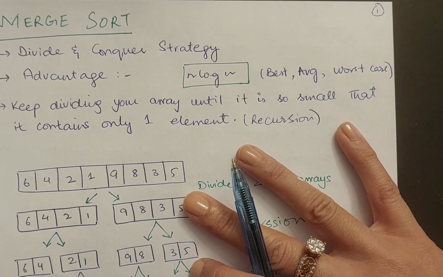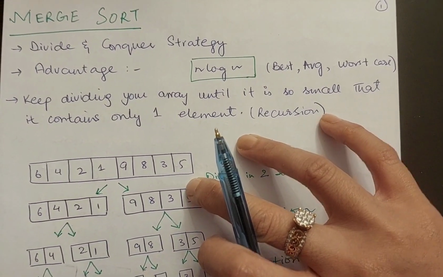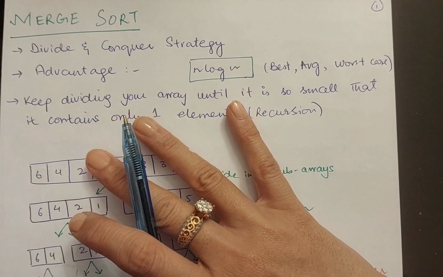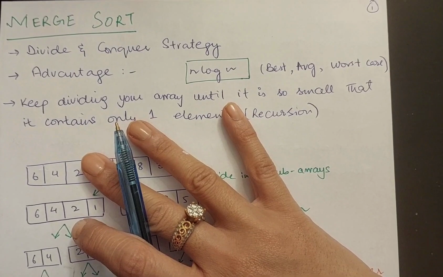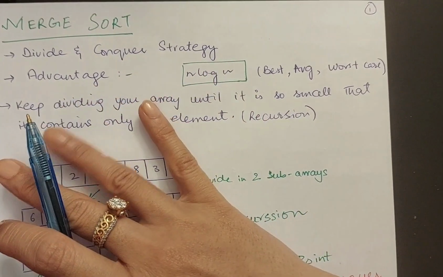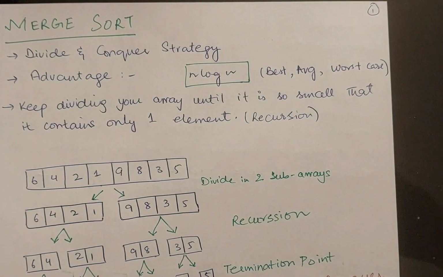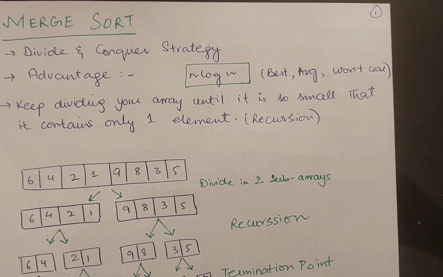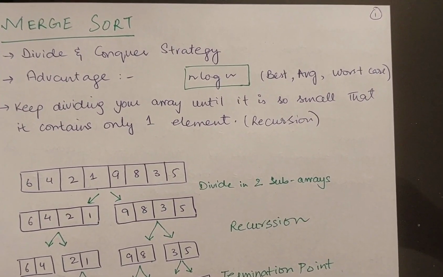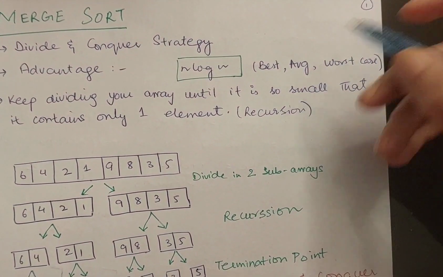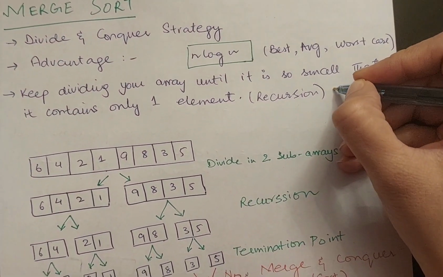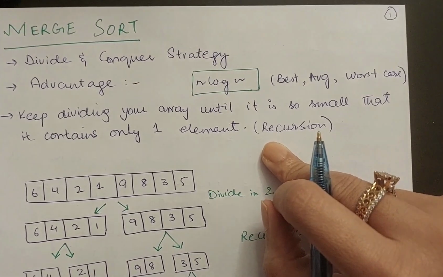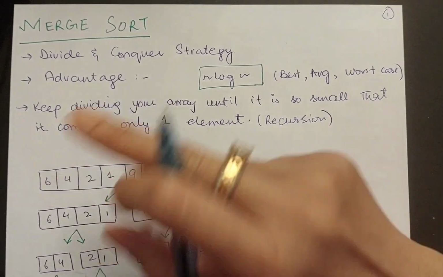Okay, so now we are going to focus on how it works. A simple rule of thumb you have to remember in the case of merge sort is that it keeps dividing your array until it is so small that it contains only one element. So the rule of thumb on which this algorithm works is recursion and termination. By recursion I mean that it keeps on dividing again and again.